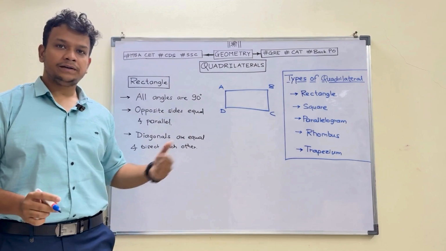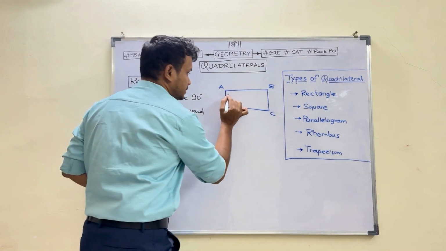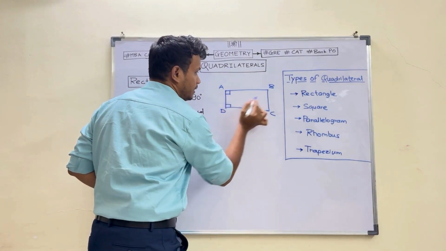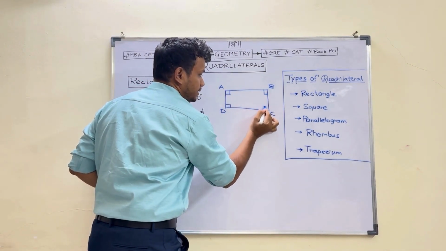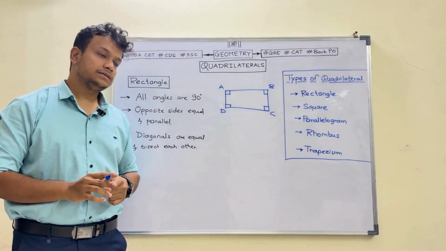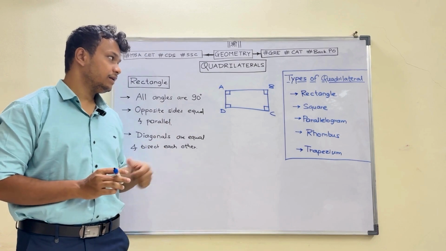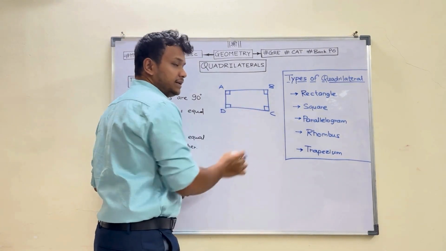What does the first property tell us? It tells us that all the angles are 90 degrees. So angle A, angle D, angle B and angle C should be 90 degrees. I'll just draw a right angle here. What does the second property tell us? It tells us that opposite sides are equal and they're parallel. All the angles are 90 degrees, as we can see here.